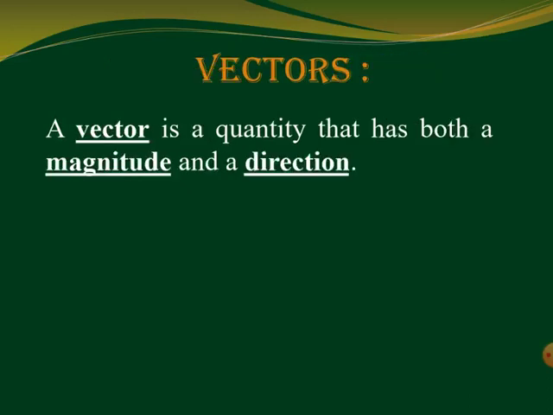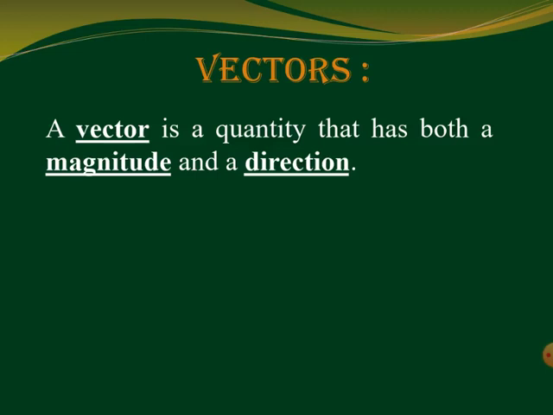Now let's learn about a vector quantity. A vector quantity is a physical quantity which can be specified by both magnitude and direction. That means a physical quantity which can be determined by both magnitude and direction is known as a vector quantity.